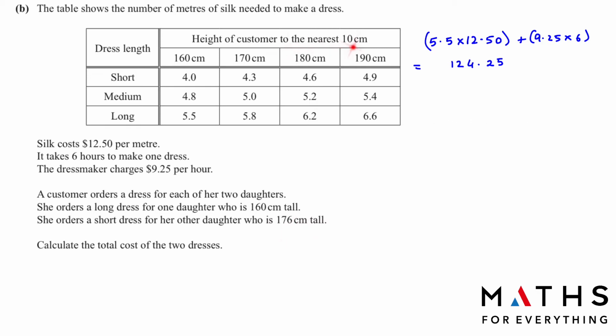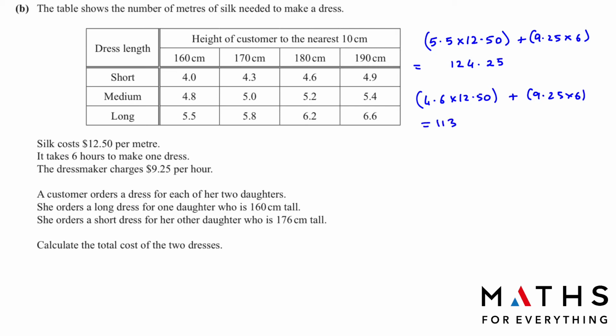The second dress is for her other daughter who is 176 centimeter tall. This is to the nearest 10 centimeter. 176 centimeter, if you round it, you will get 180 centimeter. So this is the row that we have to look at. And it is a short dress, so 4.6 multiplied by 12.5 plus 9.25 multiplied by 6 will give us 113.